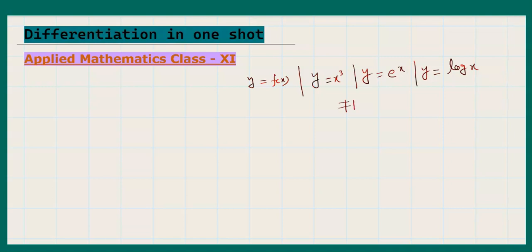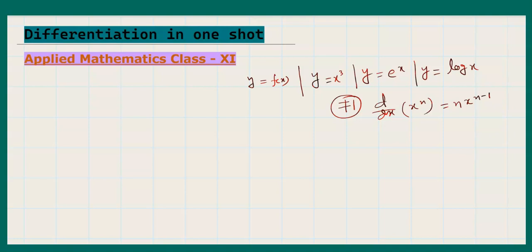that formula 1, where I will be telling you the derivative of x to the power n. This is n x to the power n minus 1. I mean, how x to the power n changes with respect to x is given by this formula.